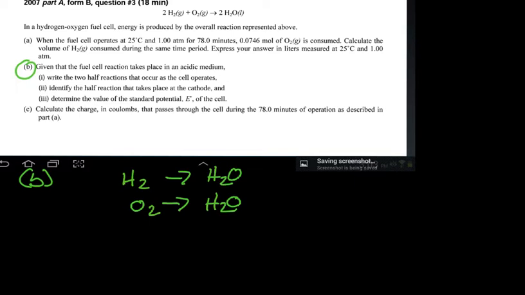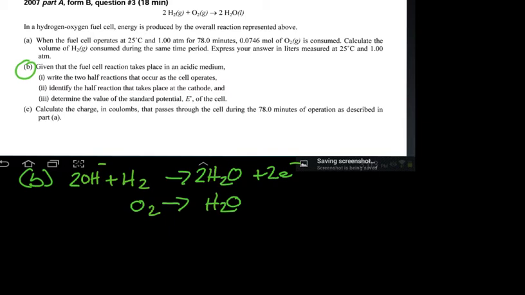And you notice that we could balance them right here as they are, or since the people who took this year had a reduction potential table, it's simply a matter of just looking up what the reaction is on the reduction potential table. So on the reduction potential table, it said that there were 2 waters, 2 electrons, the hydrogen, and there were 2 OHs here.